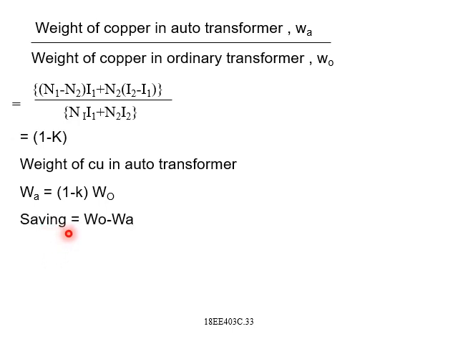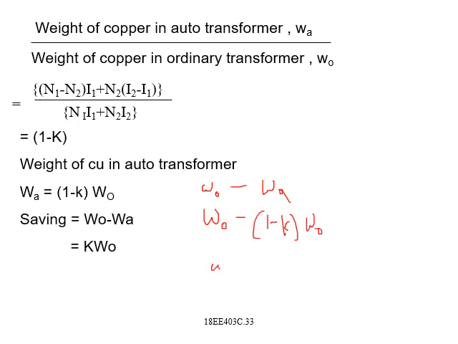So the saving of the copper from ordinary to auto is W naught minus WA. If you substitute the value of WA, you'll get K into W naught. How is that? See, W naught minus WA is W naught minus 1 minus K into W naught.